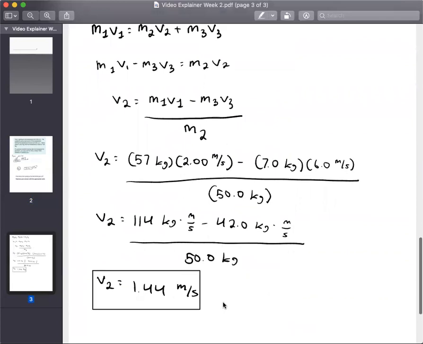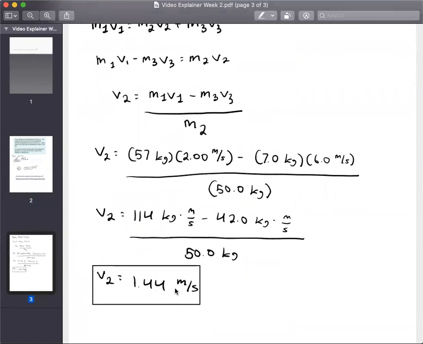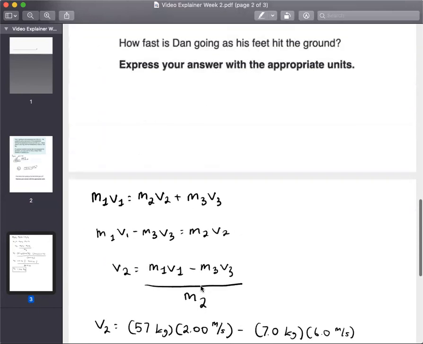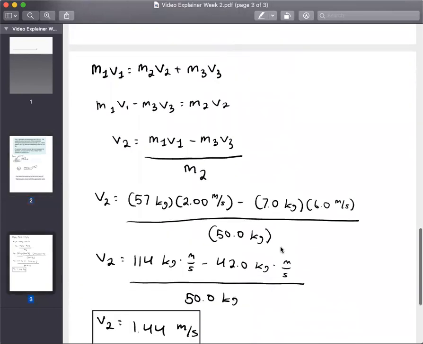And so to solve, I got a velocity of 1.44 meters per second, and that is the velocity that Dan is going at as his feet hit the ground.